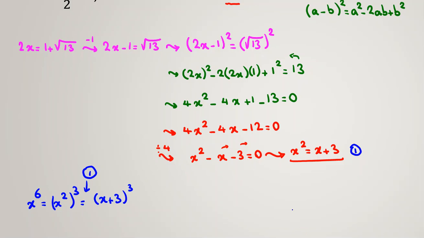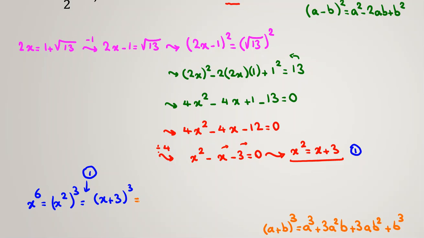And we have a famous identity, (a plus b) cubed. You should memorize this. Equal to a cubed plus 3a squared b plus 3ab squared plus b cubed.